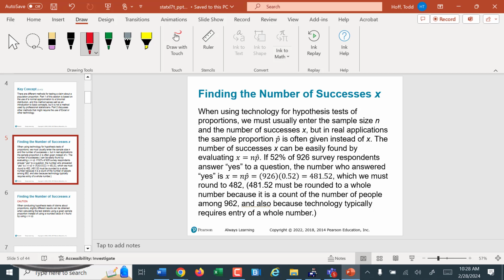A note here on finding the number of successes. In many cases, you're given the sample size and then the sample proportion. Like here, they're saying we have a sample size of 926 users. 52% of them answered yes. Well, 52%, of course, is a proportion of p equals 0.52.